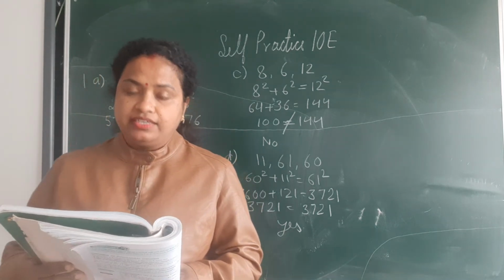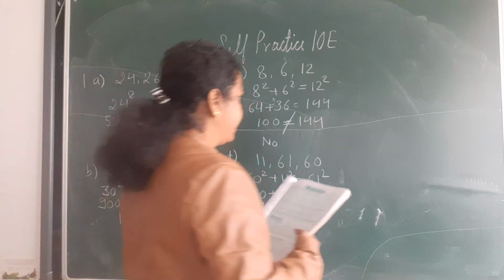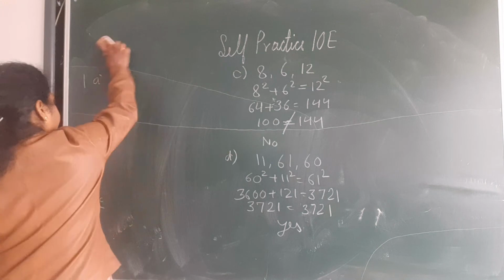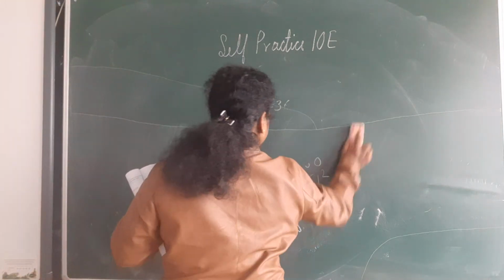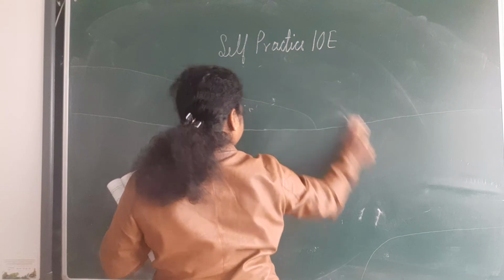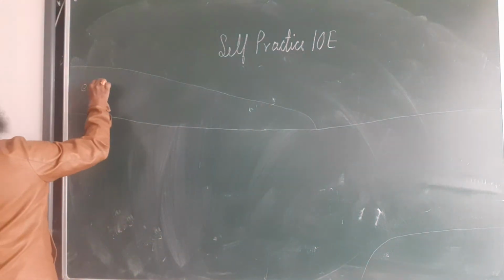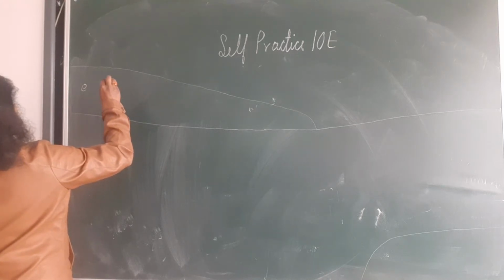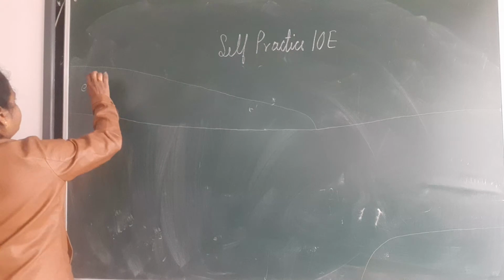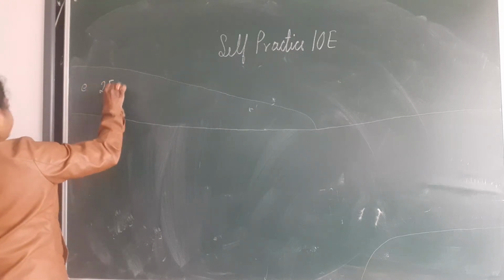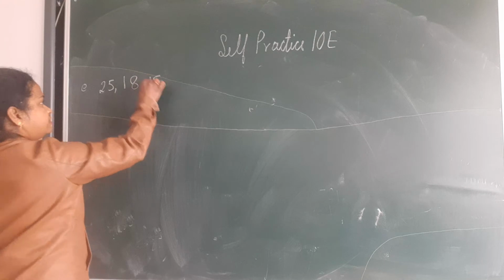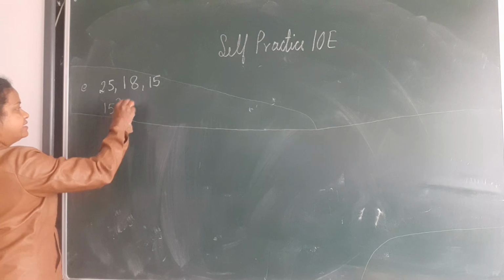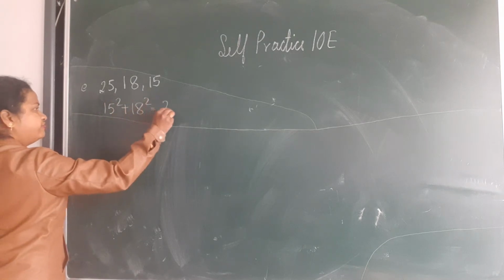Now see the E part: 25, 18 and 15. Means 15 square plus 18 square should be equal to 25 square.